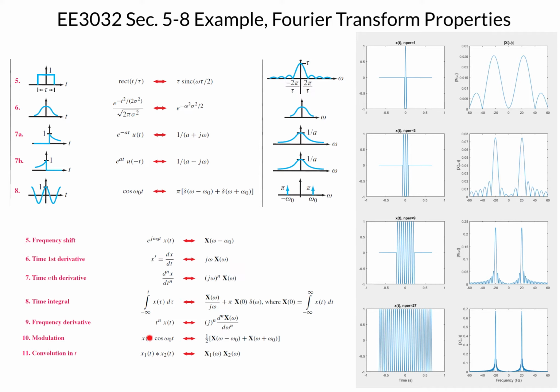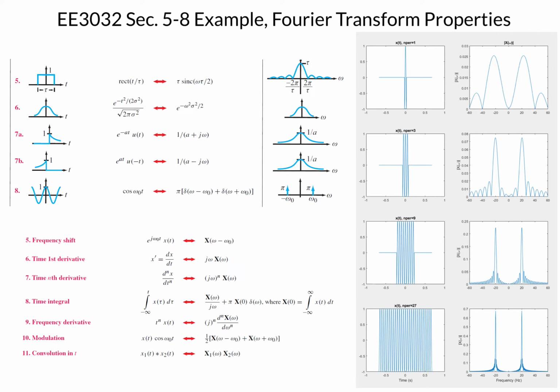Now the modulation property tells us that we take the capital X, which is the Fourier transform of the signal x, which is this sinc function right here. And it says you take the complex values there and you shift them right in frequency by omega naught radians per second, and then you add that to a copy that's also shifted left by omega naught radians per second, and you average them.